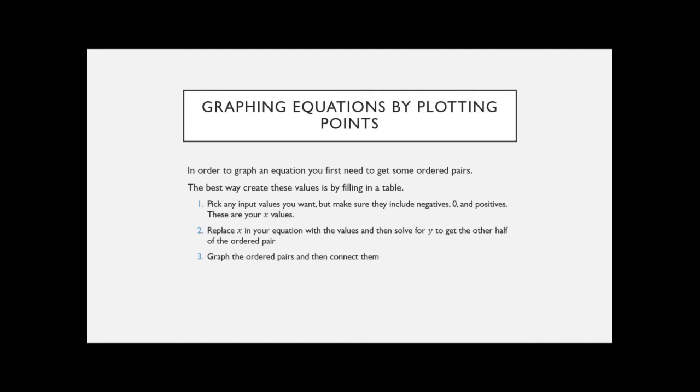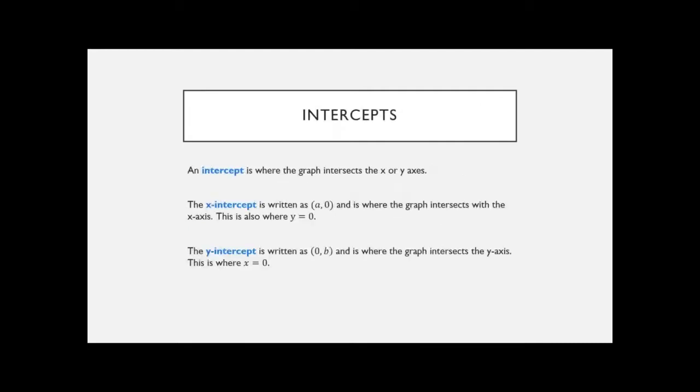Now I know I'm running out of time here, so I'm going to skip ahead to intercepts, and then I'll talk about graphing with Desmos. An intercept is where the graph intersects the x or the y axis.